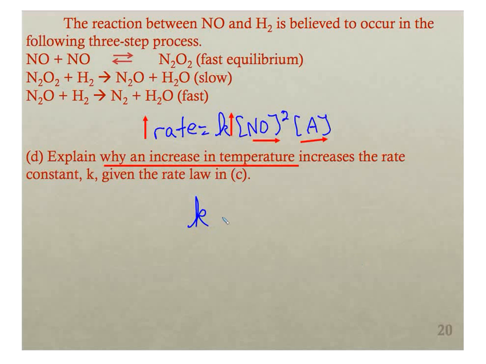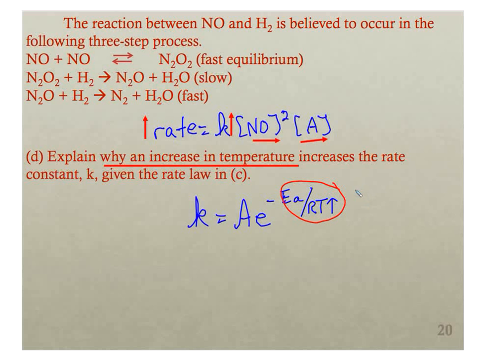Now, one of the things that we have done in our class is the Arrhenius equation, which is K is equal to A e to the minus E sub A over RT. Okay, well, if you increase T, if you want to follow the logic, if you're going to use this, you need to be able to follow the logic.